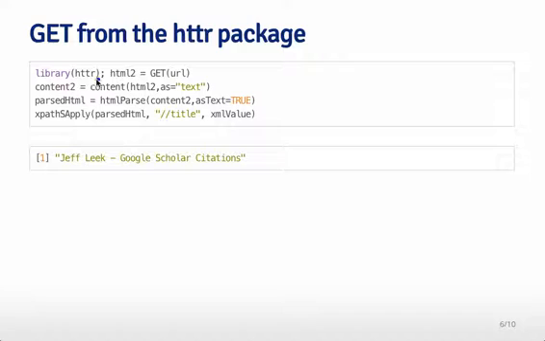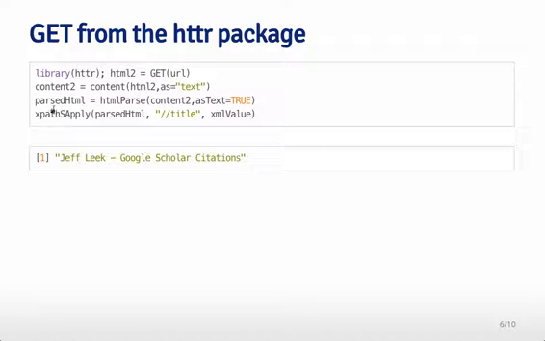So here, I've loaded the httr package, and then what I do is I take that same URL I was using before, and I just GET the URL with html2. And then what I have to do now is actually extract the content from that HTML page. And so I do that, and I say I'm going to extract the content as text, just one big text string. And then I can use the htmlParse command to parse out that text and get the parsed HTML.